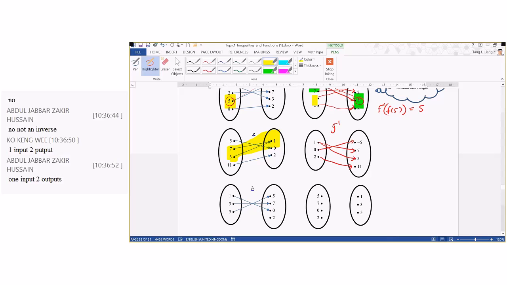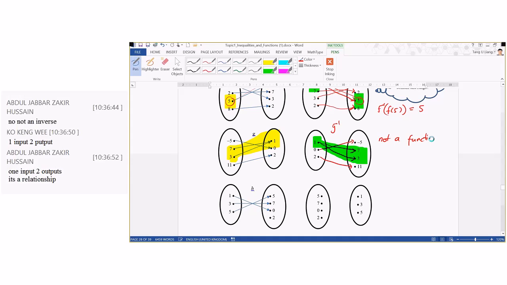Okay, you cannot have a single input mapping to 2 outputs. So G inverse is not a function. Yeah, it's a relation. That's right. So this is no good to us. So we say that G, as a function, is not invertible.